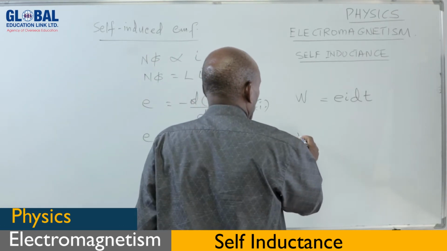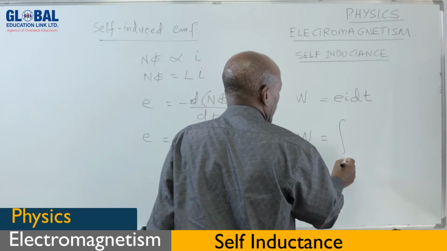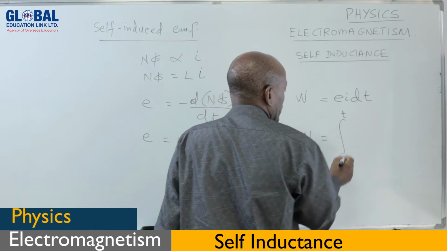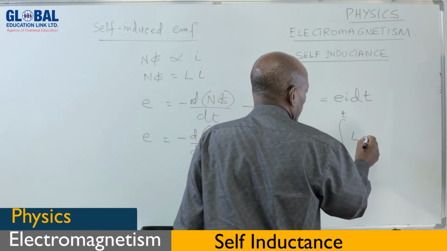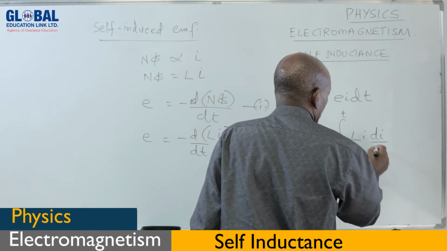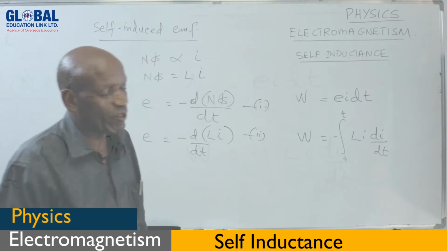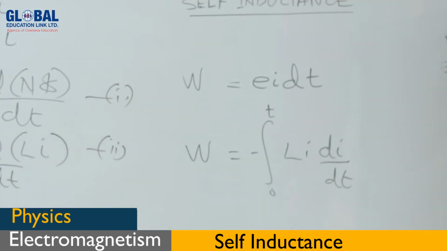You'll end up with the work done being an integral from 0 to time t of Li di dt, with a negative sign, because here we are talking about the back EMF.